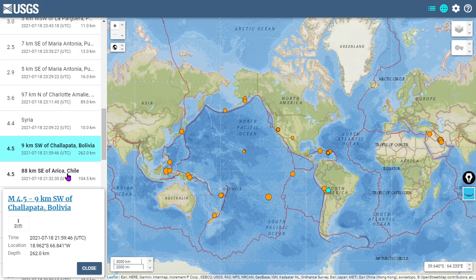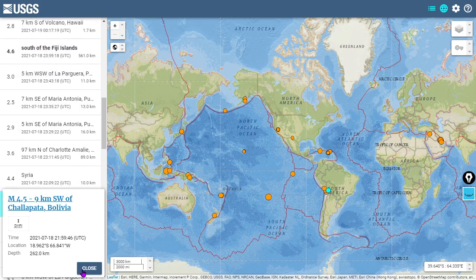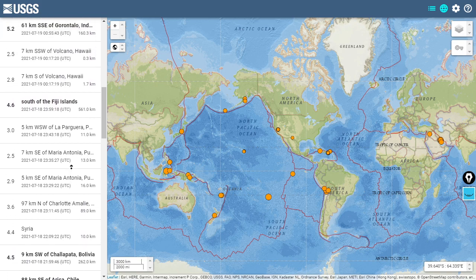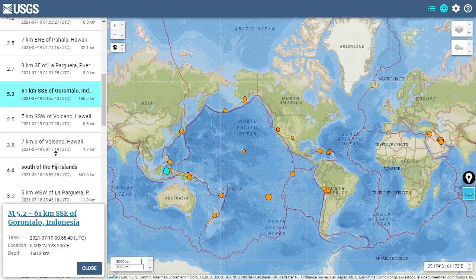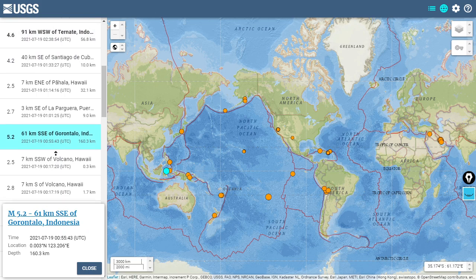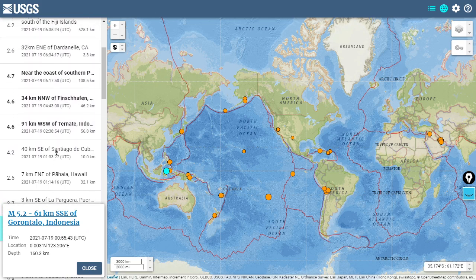Around the Andes. And a very deep quake here south of the Fiji Islands at a 4.6 magnitude. Also, Indonesia saw a 5.2 magnitude quake at 160 kilometers estimated depth. Another rather deep quake.